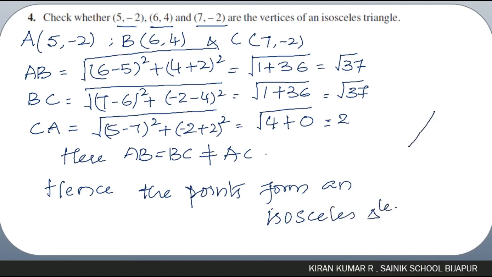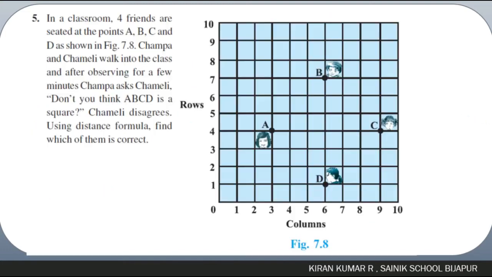It is something like this. The length of AB and BC, they are equal, and this is root 37 and root 37, and the length of AC is 2 units. So 2 of the sides are equal, so it's an isosceles triangle.